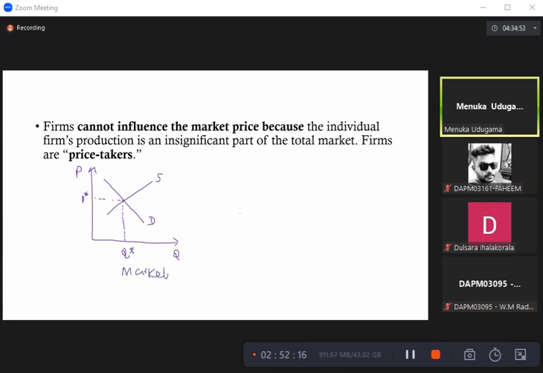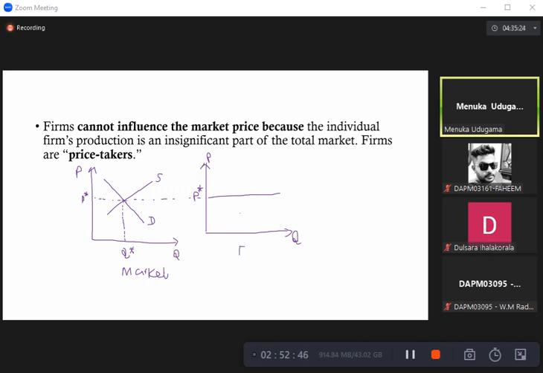And if you take one firm, if you take my firm, because we are all sellers, now we sell the product at this price. Right?